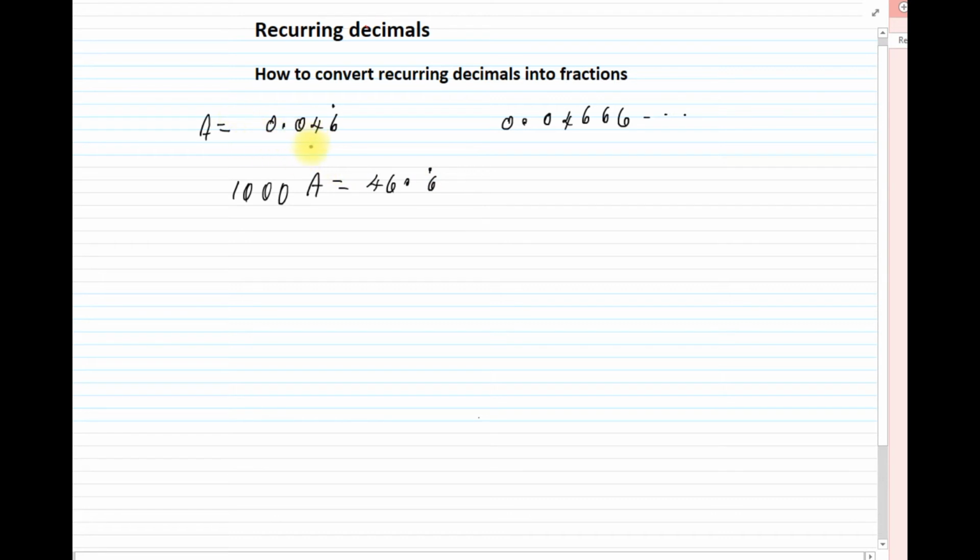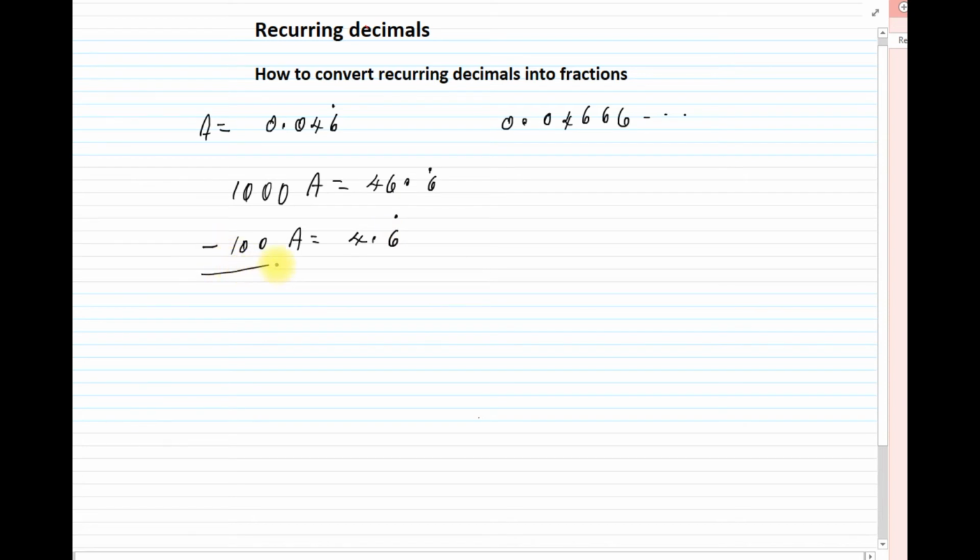Then I look and see how many non-recurring digits I have. Here I have 2. So I'll now multiply the original equation by 100. So I get 100A is equal to 0.4. Actually, the 0 need not be written. So it just becomes 4.6 with a dot on top.